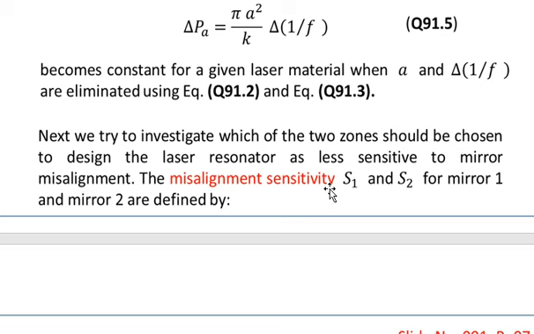The misalignment sensitivity S1 and S2 for mirror 1 and mirror 2 are defined by equations 6a and 6b. This misalignment of mirror 1 and mirror 2 will arise when you change the dioptric power of the lens.